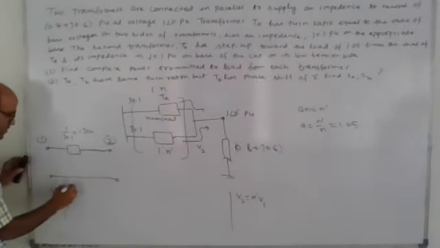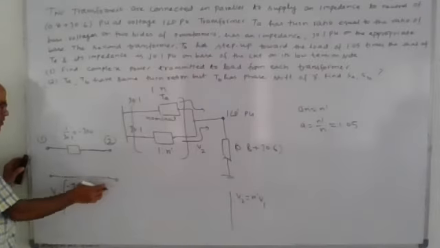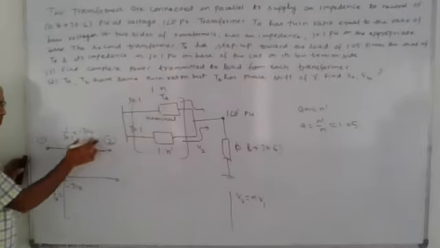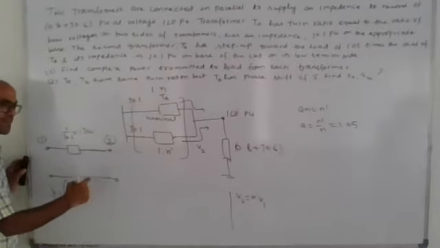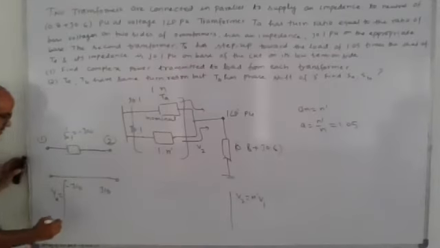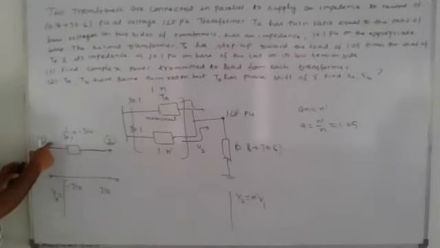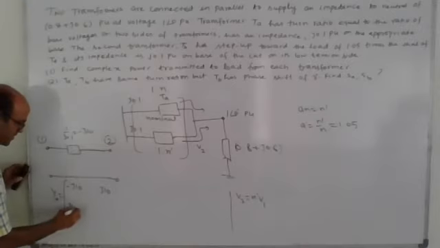Only this, minus j10. Then Y12: the admittance connected between bus 1 and 2. So this is j10, and there is also one extra negative sign. Similarly Y21, with one extra minus from here, so you are getting j10.